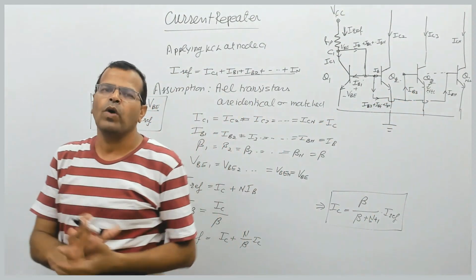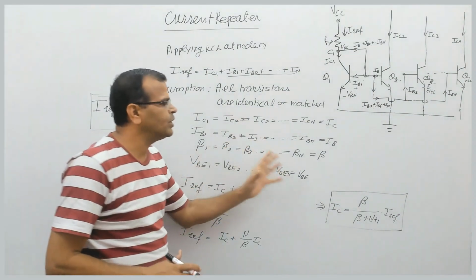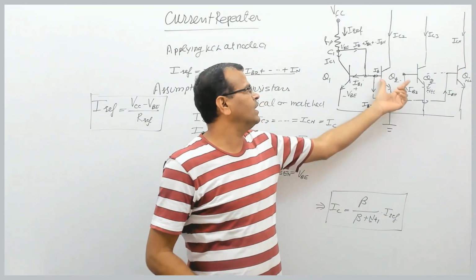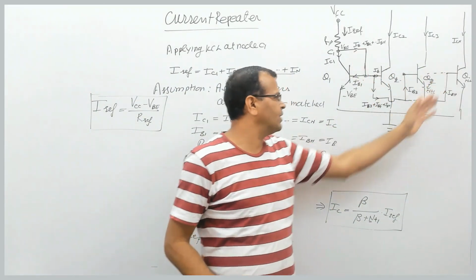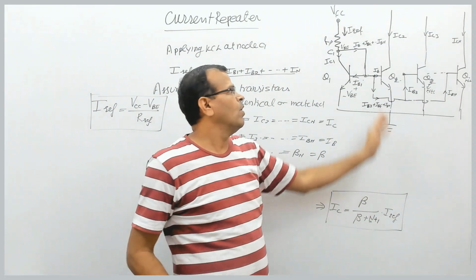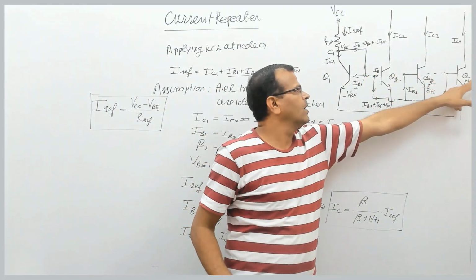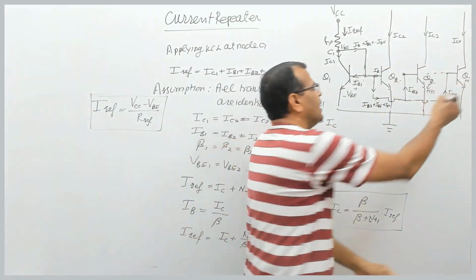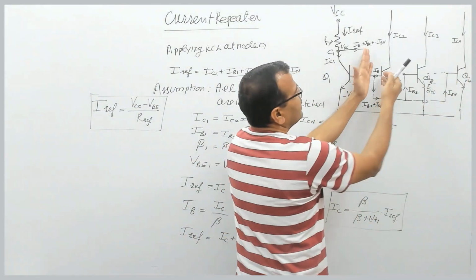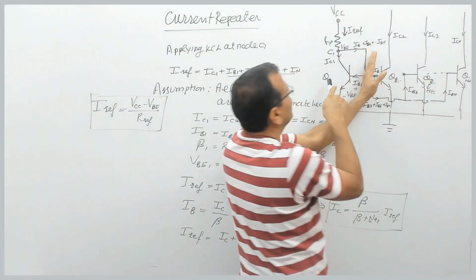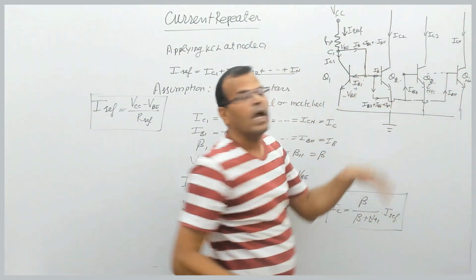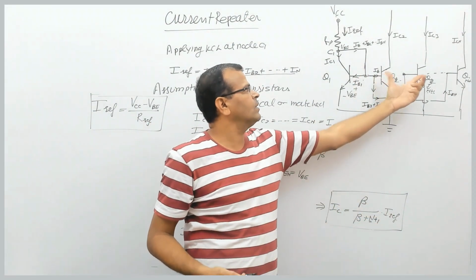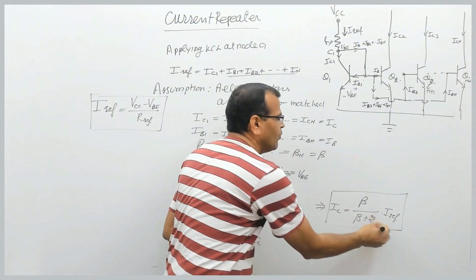And so on. What I mean to say is you can find the expression of the collector current depending upon the number of stages. If it is on the right side, if it is n number of stages, it is n plus 1 here. On the right side, if it is n plus 1, then how many stages are there? 1, 2, 3. It is n plus 1 including this. So how many are there? N plus 1. If we have 2 transistors on this side, then in place of n plus 1, it will be 2 here.